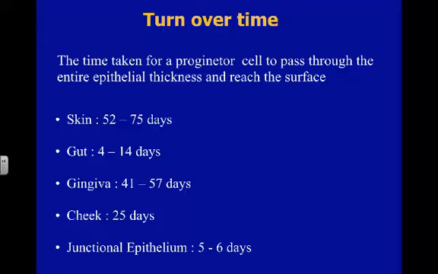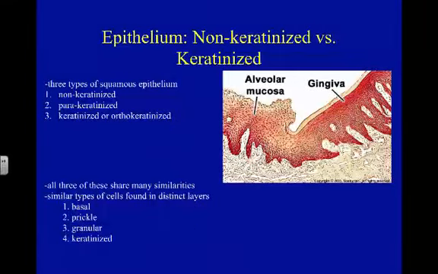Your cheek cells only last 25 days. And again, your junctional epithelium, which is really hidden and gets a great deal of abuse, really only lasts less than a week. So there's a high amount of turnover in that junctional epithelium. You spend a lot of your time in junctional epithelium.